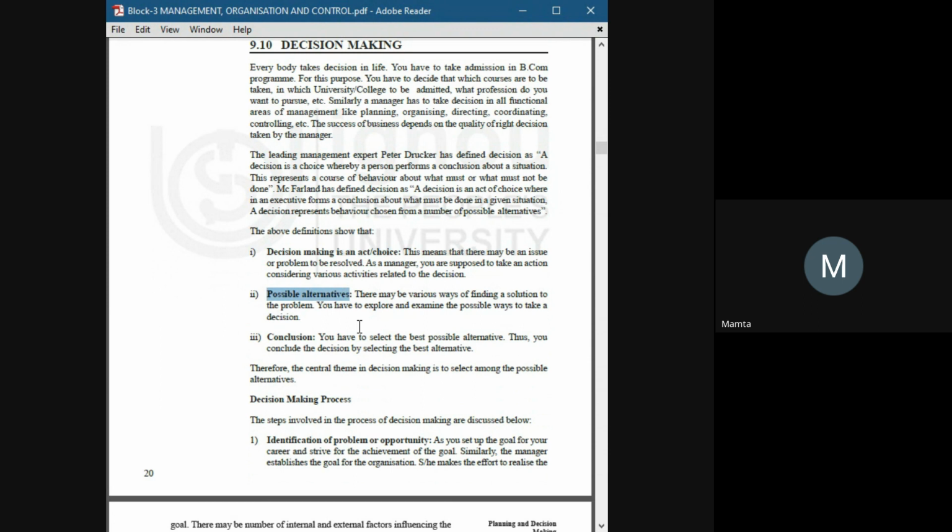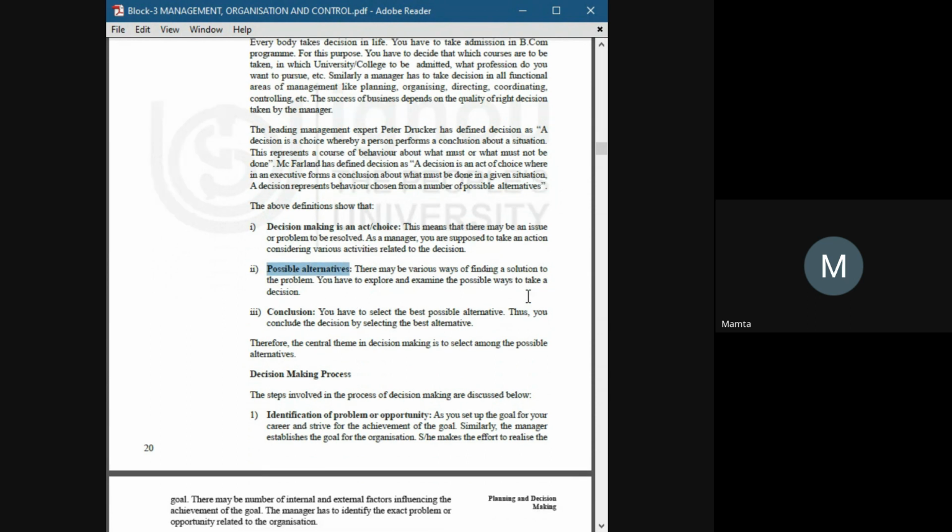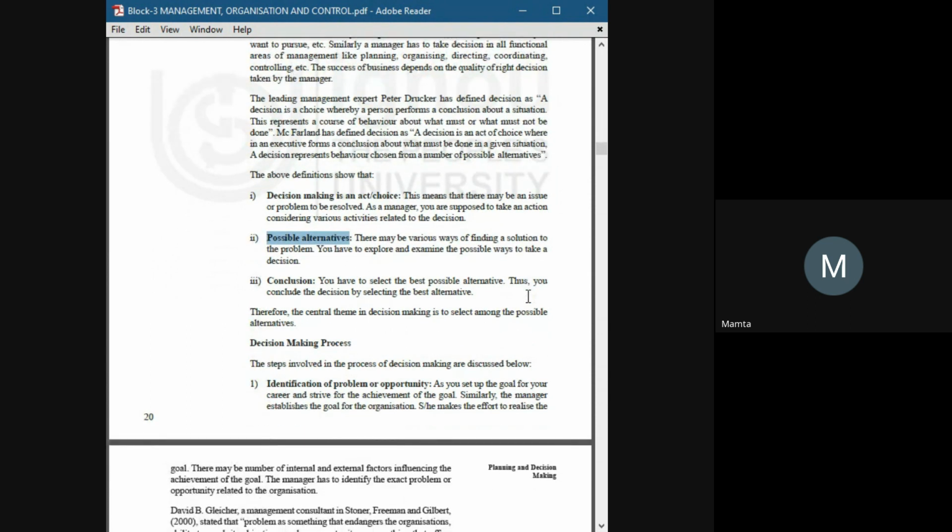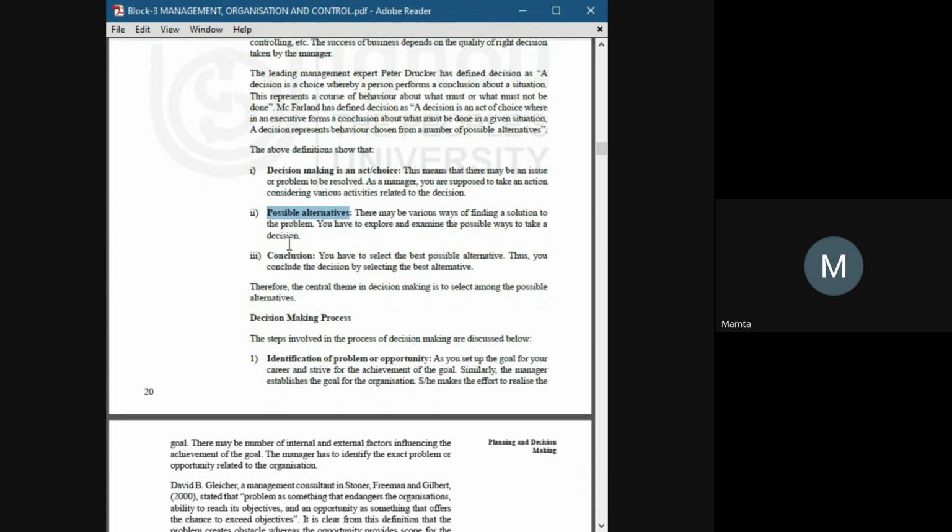Either you can terminate both of them, or you can ask for a sorry letter to each other, or you can reduce their salary of that one day for misbehaving, and there are many other alternatives. So you need to choose one out of them. You have to select the best possible alternative, and thus you conclude the decision by selecting the best alternative.